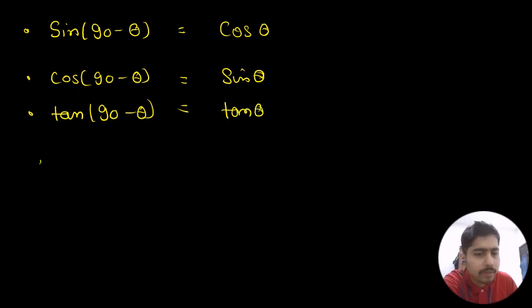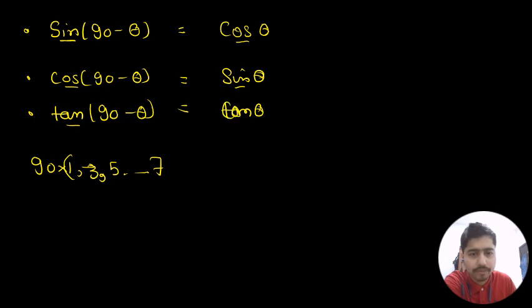One thing you have to remember: whenever it is an odd multiple of 90, odd meaning 1, 3, 5, 7, sine will change into cos, cos will change into sine, and tan will change into cot.